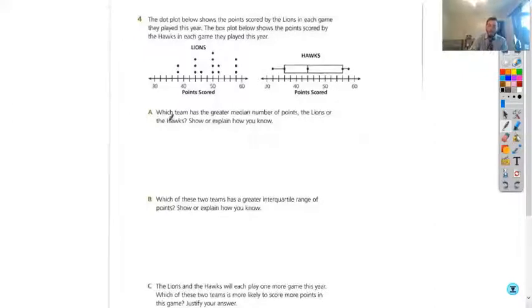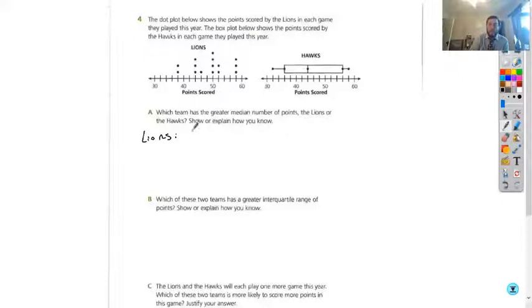So if we're going to do this here, we've got to first find the median for each of these teams. So if I take a look here, we have 1, 2, 3, 4, 5, 6, 7, 8, 9, 10, 11, 12, 13, 14, 15 pieces of data for the Lions. Now, the reason we need to know how many pieces we have here is if we're going to find the middle or the median, we need to be able to know which number the median falls after.